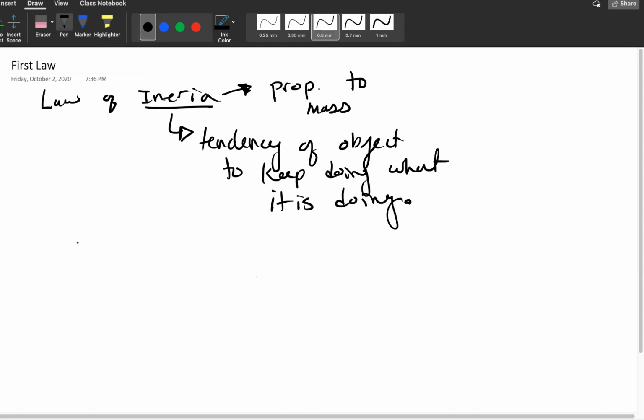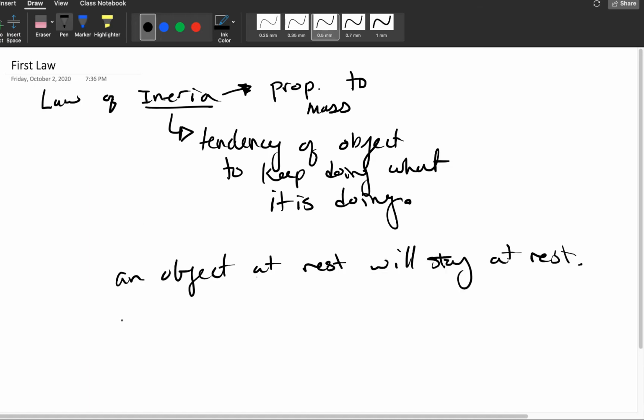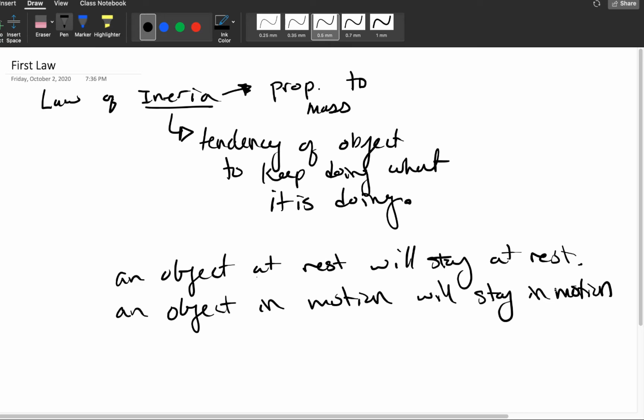Newton's first law comes in a couple of parts. I bet that you know the most prevalent ones, that being an object at rest will stay at rest. The second part is an object in motion will stay in motion. A lot of the times these are the only 2 parts of the law that you hear.